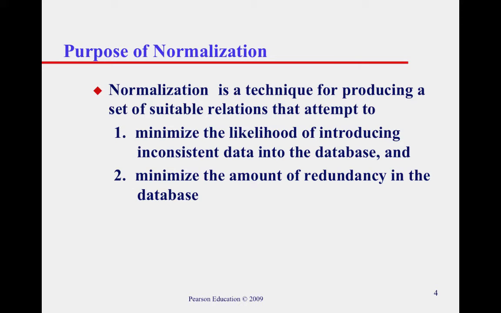So for example, you have a property belonging to branch B007 and being managed by a staff member at branch B003, that's inconsistent. It's either at B007 or it's at B003, but it's not both.